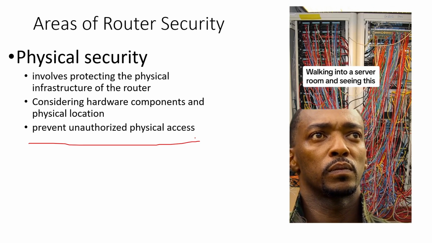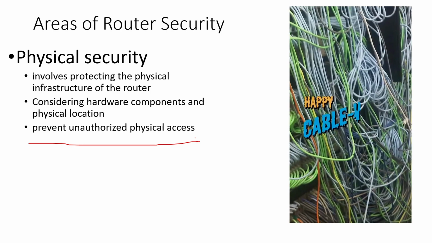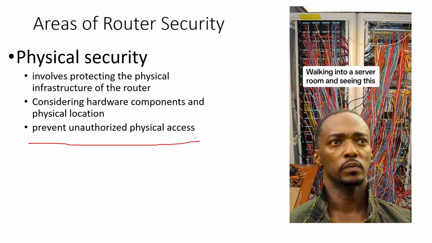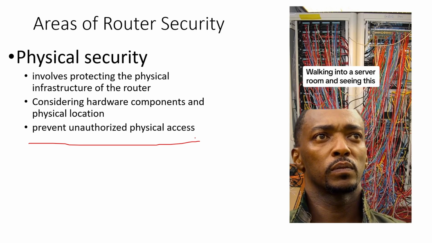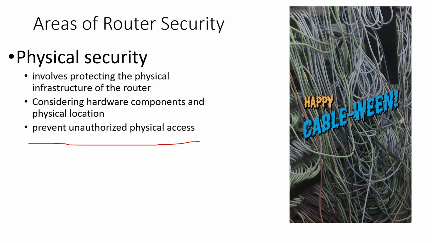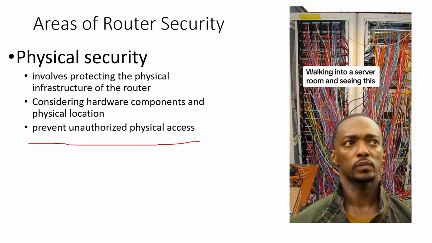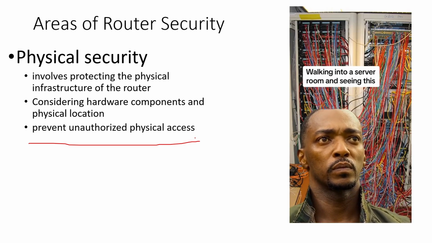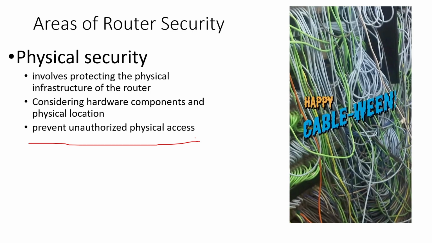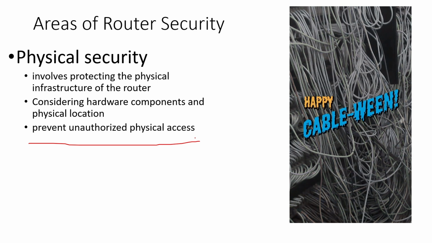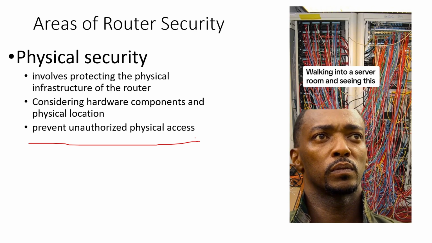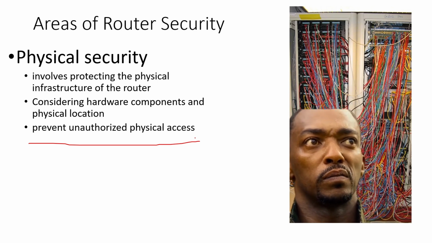If you place your router in the middle of, let's say, an office or a classroom, without any protection like a physical lock, then there's a possibility that some entities might just plug in a cable to the router and then log in to the router and do something bad to it.